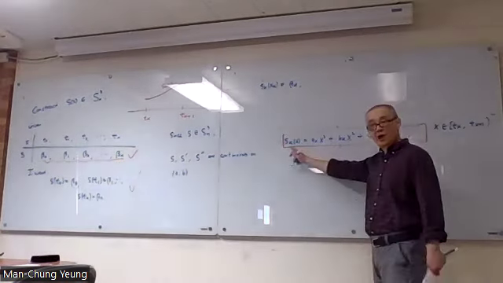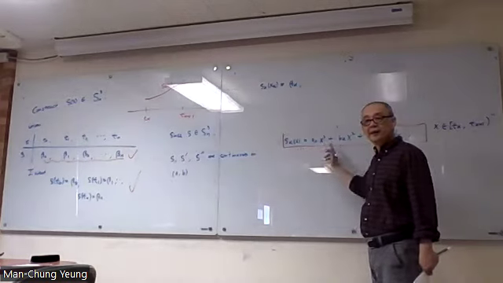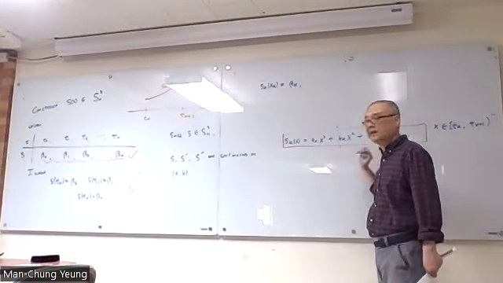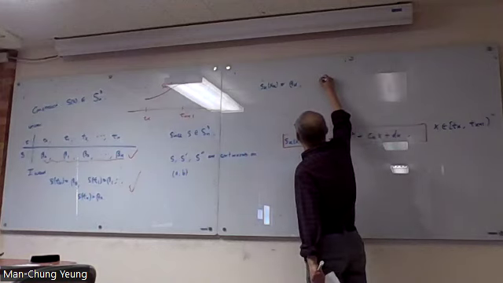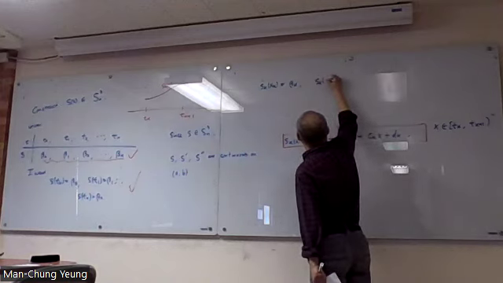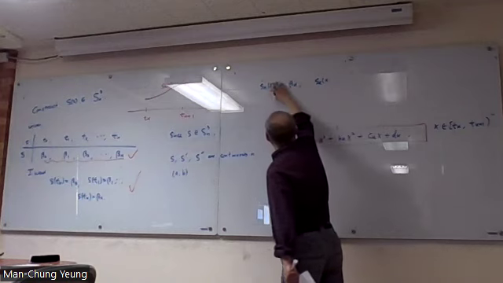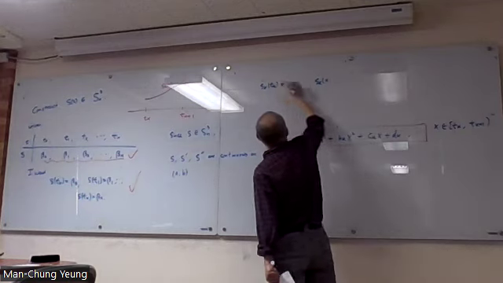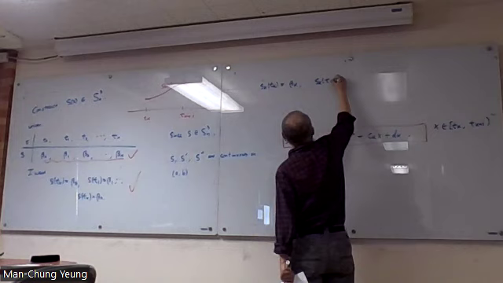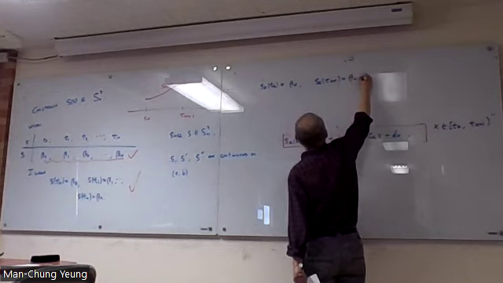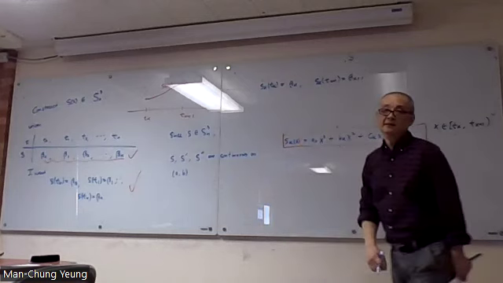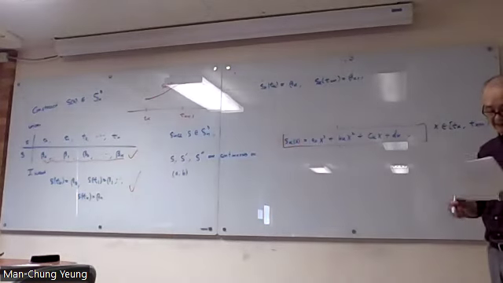I just focus on Sk. I want to determine Ak, Bk, Ck, Dk. First, we have this. And then Sk at tk plus 1 should be beta k plus 1. Do you agree?